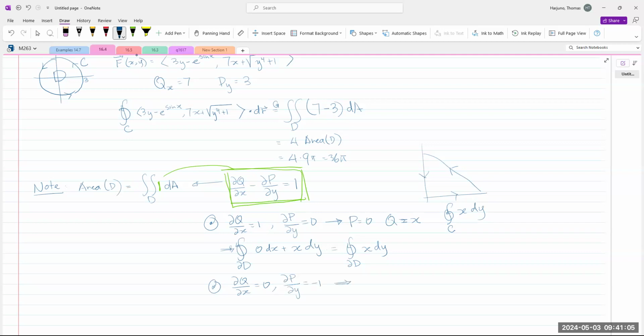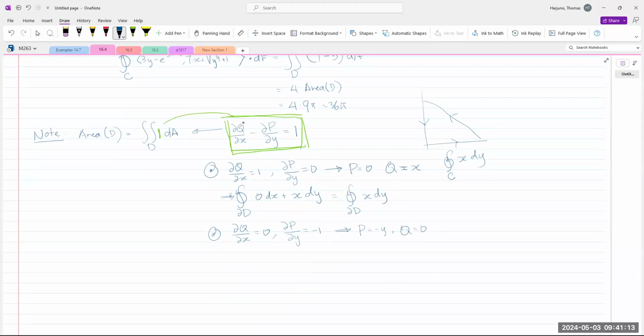That will make p equal to −y and q equal to 0. Right? And the area of region D may therefore be expressed as the line integral over closed curve C of negative y dx.